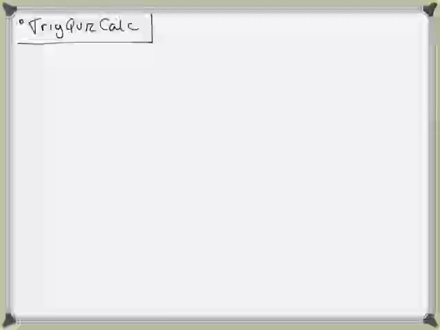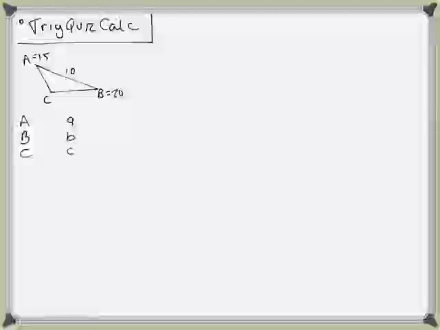On this calculator trig quiz, we'll look at a couple of examples. The first one we'll look at is problem number 2, which gave us a picture like this. When we did these lessons, we learned to make lists of what we know and what we need to know, and that we're going to solve for everything that we don't know.